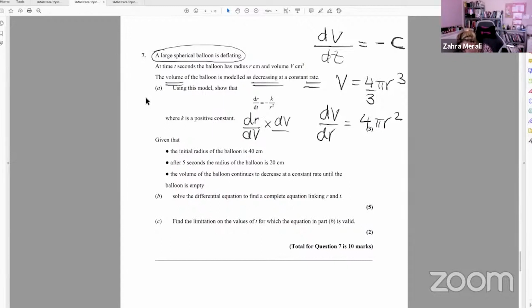If I multiply it by dV/dt, that is the same, because the V's cancel and I'm left with dr/dt. So dr/dt is equal to dr/dV, which is 1 over 4 pi r squared, multiplied by dV/dt.